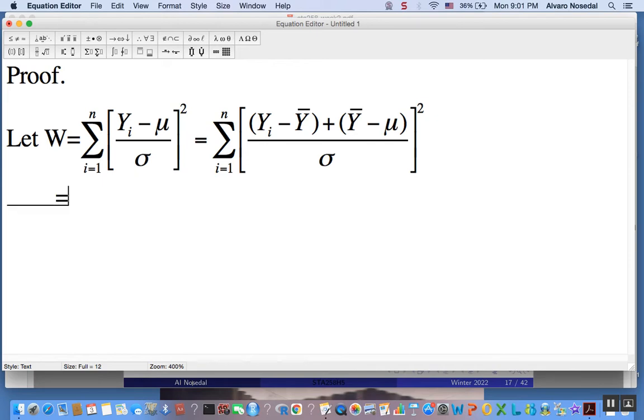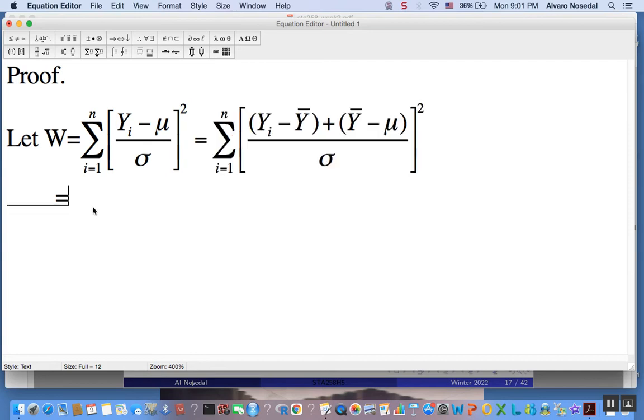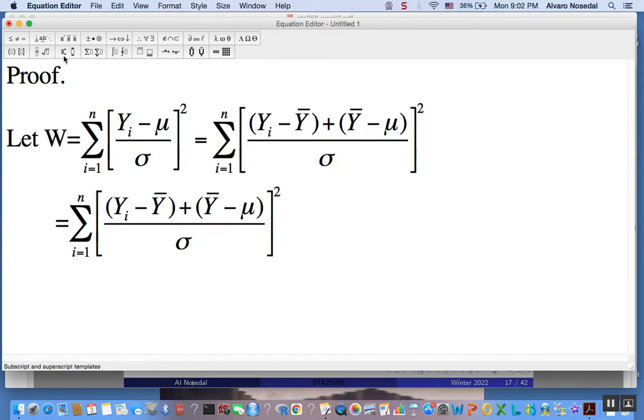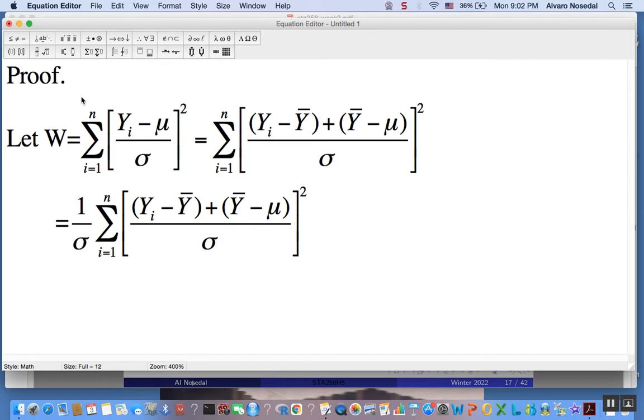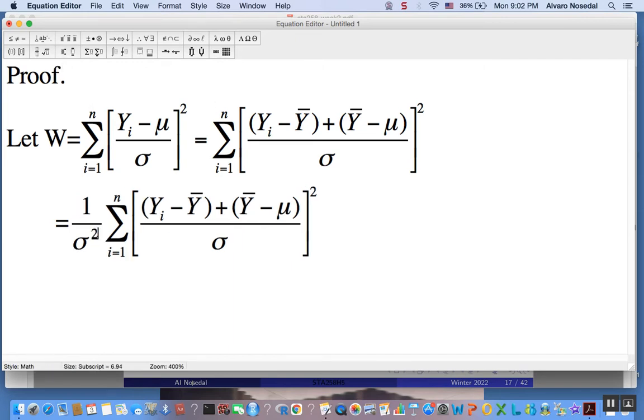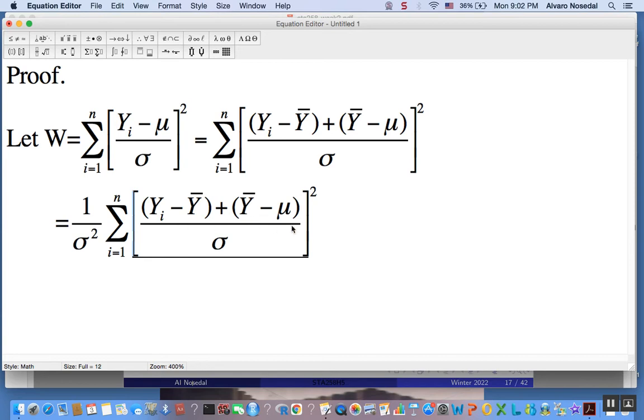Now, let me do a little bit of algebra here. This would be the same as, let me factor out that sigma, 1 over sigma squared. Let me get rid of this, we don't need it anymore. Let me expand it.